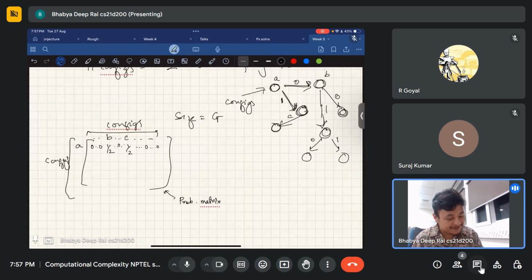For example, let me call this E, this F and this G. Then E on F and on G both give half. I mean, the probability is half on moving to F or moving to G. So I can make this configuration graph. Okay, so that is the second part of the puzzle.